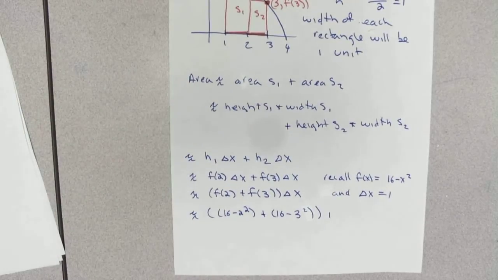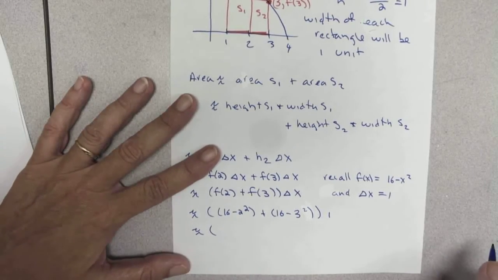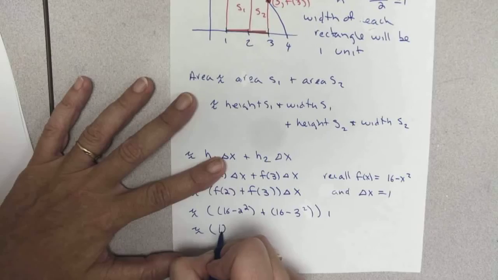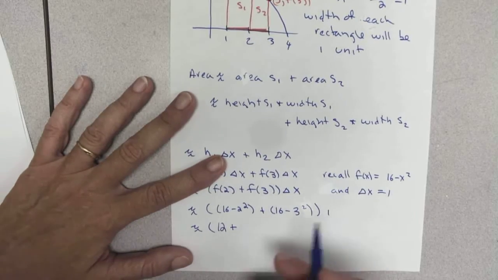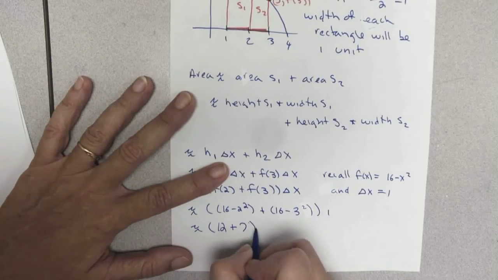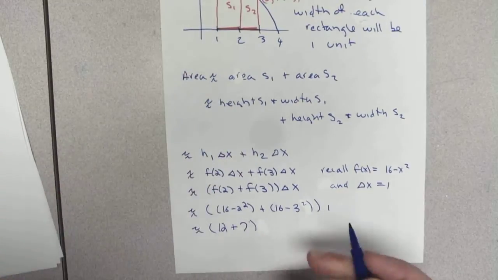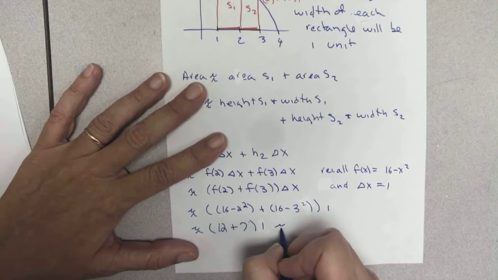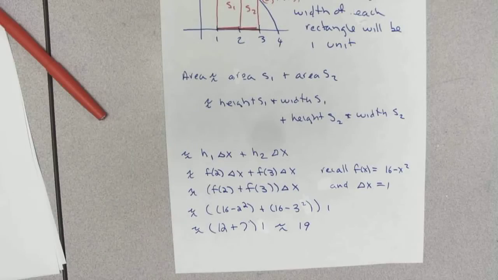The inner parentheses weren't necessary, but they aren't hurting anything. And so what do I got? That's 4, so 12, plus 16 minus 9, which is 7, times 1. And so I get 19.